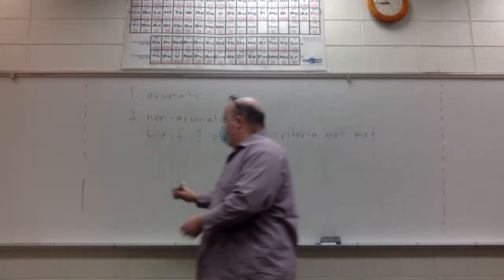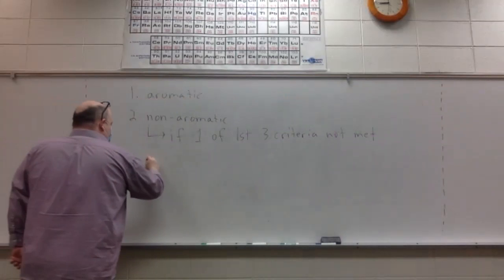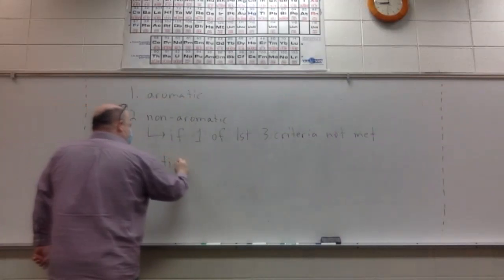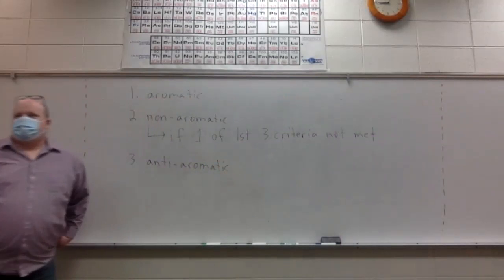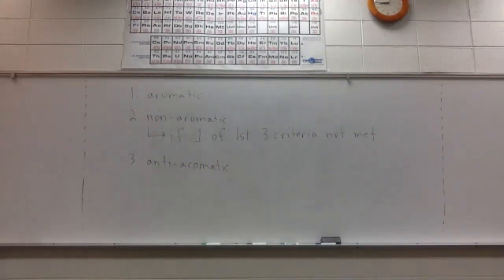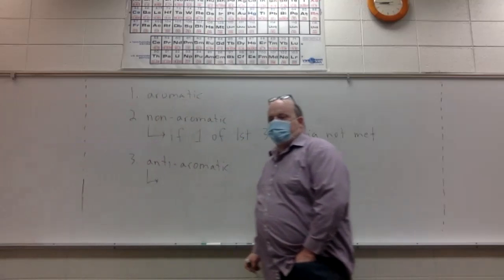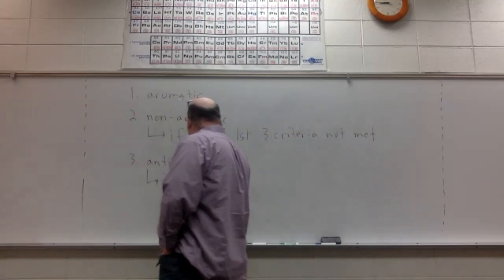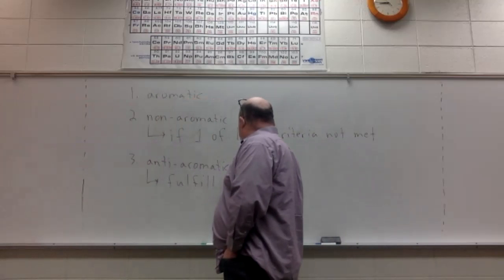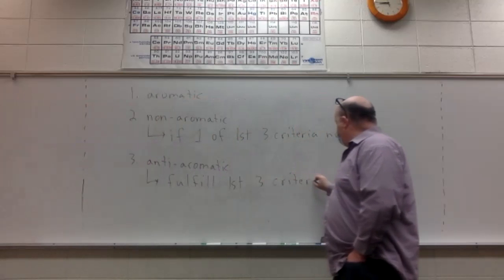Then you have the third criteria, or excuse me, the third classification. This one we haven't talked about yet. That is anti-aromatic. Right? Anti-aromatic is a little bit different. Anti-aromatic compounds fulfill your first 3 criteria for aromaticity.